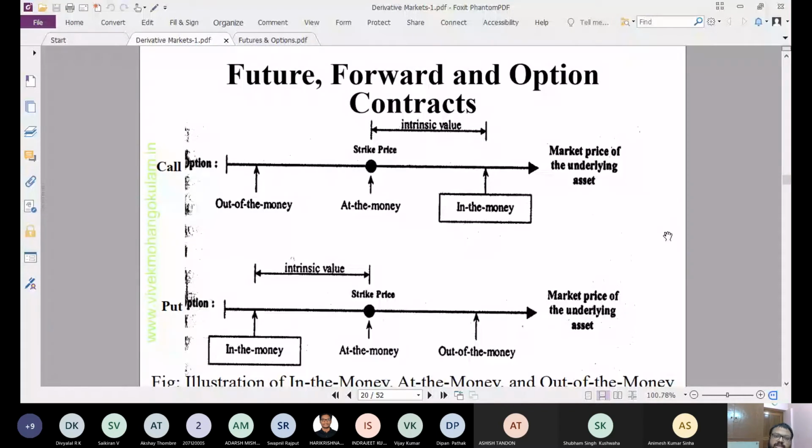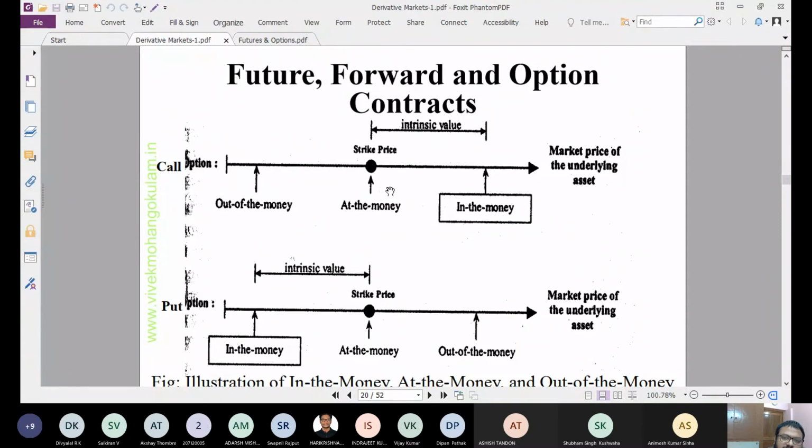Now you see here, the first figure shows the call option. A put option is a right to sell and a call option is a right to buy. Right to buy in the sense it is at some strike price. Strike price is shown here. Suppose it is $10.